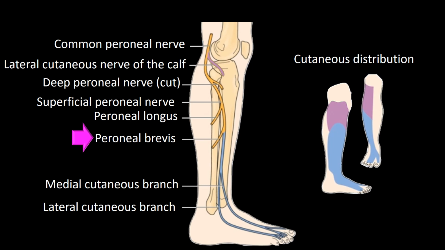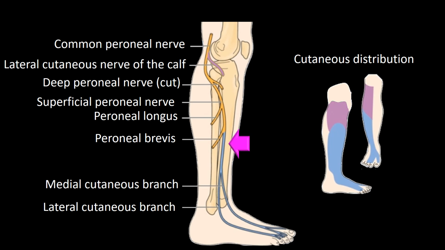The peroneals evert the foot and help with dorsiflexion. I like to use the term peroneal for these muscles because the E in the word peroneal reminds me that these muscles evert the foot.